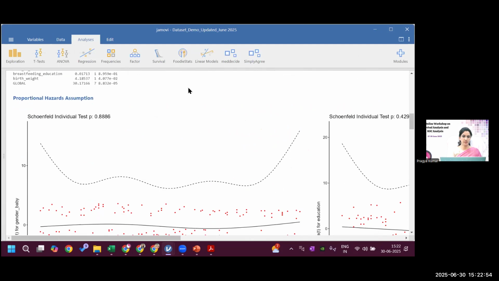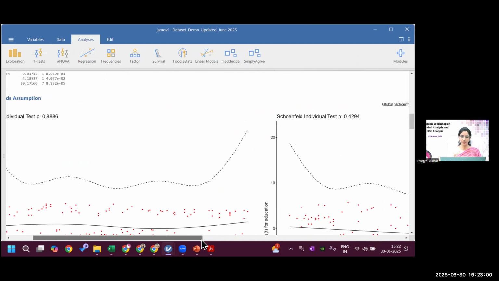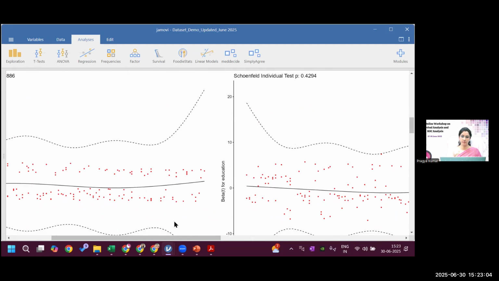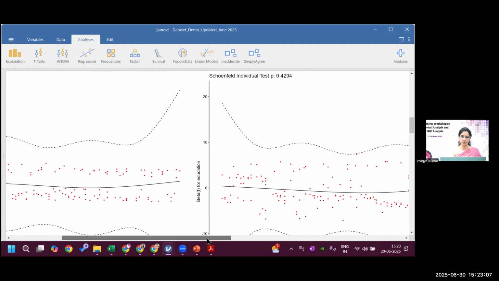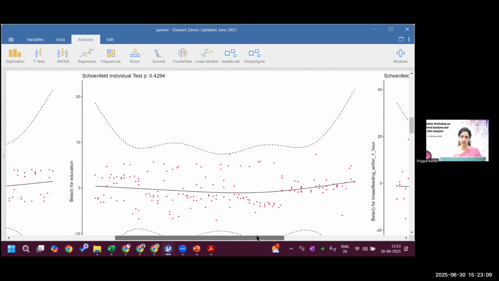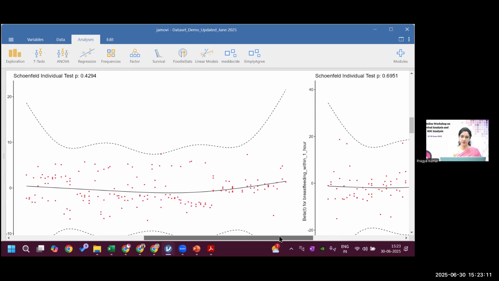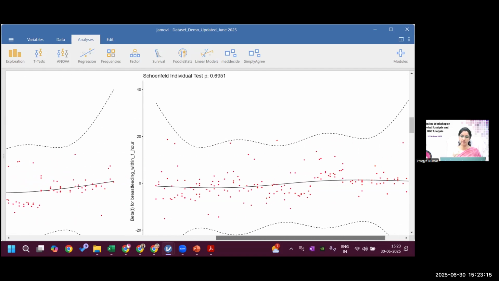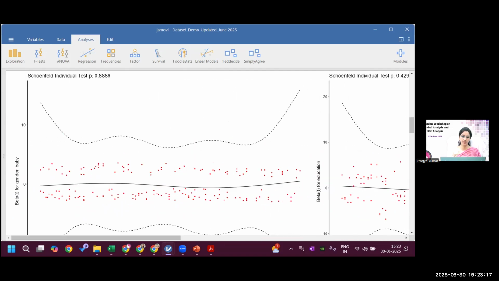The first one, gender of baby, value is 0.8. Then education, this is 0.4. And breastfeeding within 1 hour, this is 0.6. So all these three met the assumption of proportional hazard.